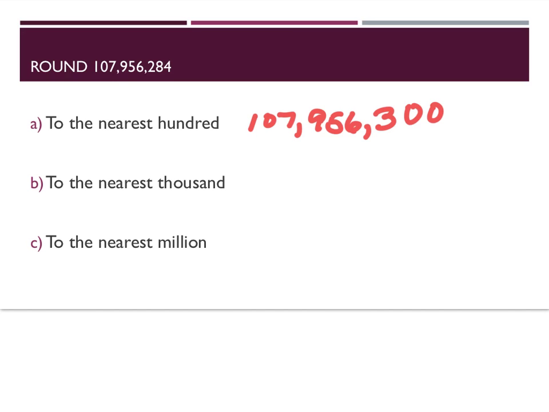Next question says let's round to the nearest thousand. Okay, well I have to look at my number again and I have to figure out what number is in thousands place. In this case it would be the 6. Everything to the left of the 6 is going to stay the same.